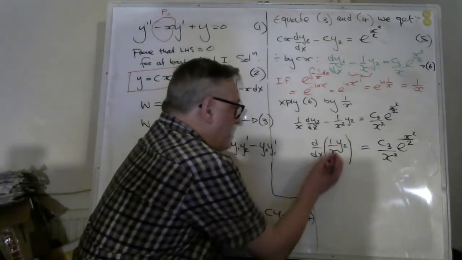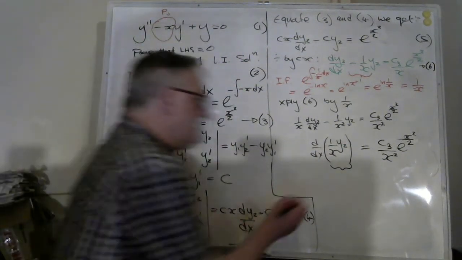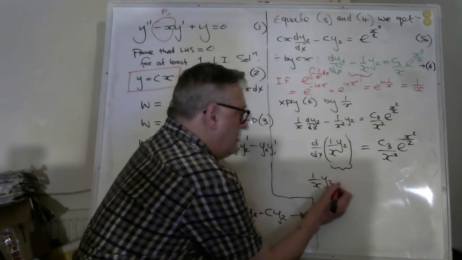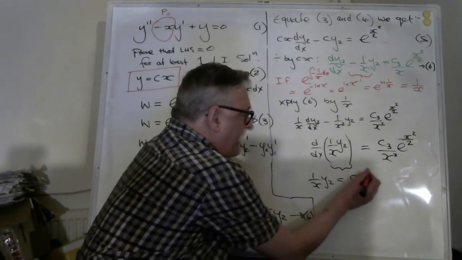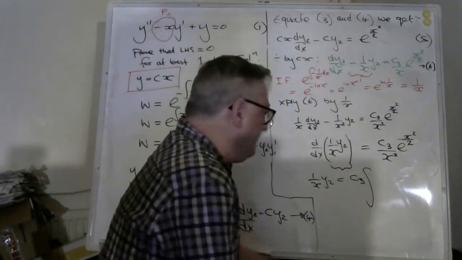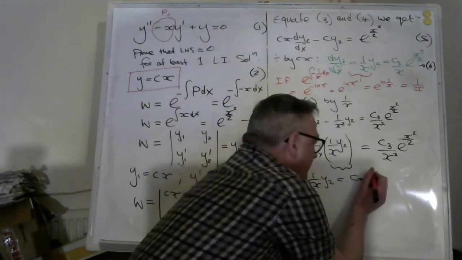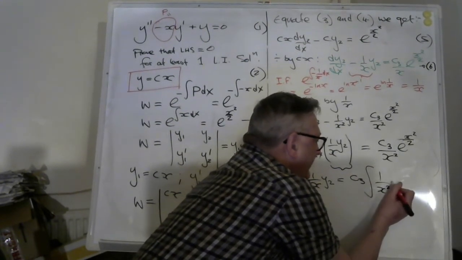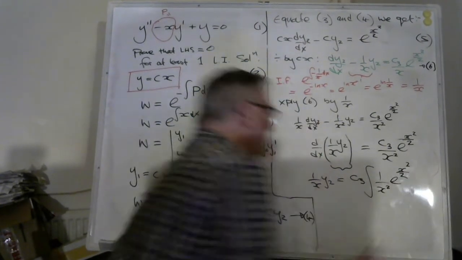So if we integrate both sides, we're just left with this on the left hand side, which is 1 over x y2, and that is equal to, I'm going to take the c3 outside the integral sign and make that integral sign look a little less skewy. So we've got 1 over x squared e to the x squared over 2.